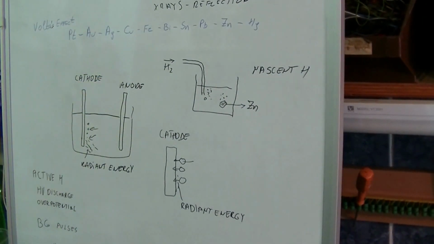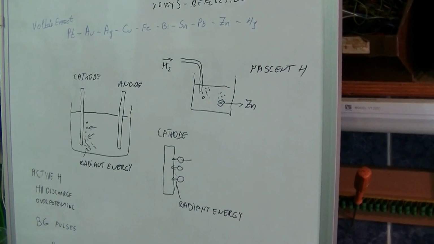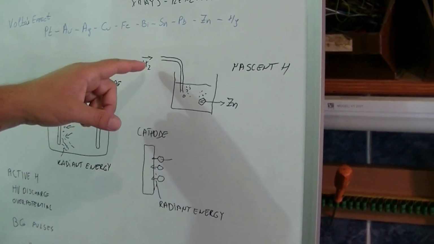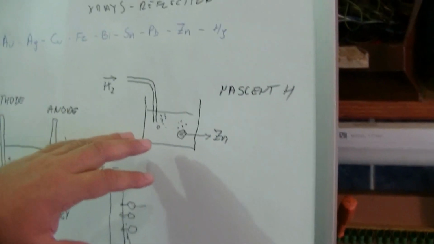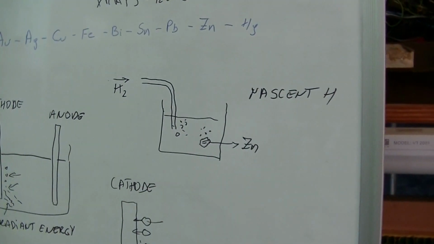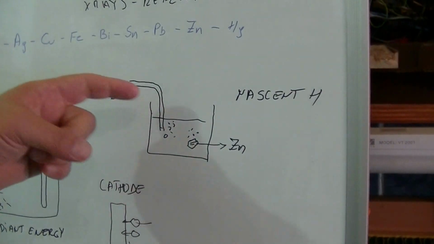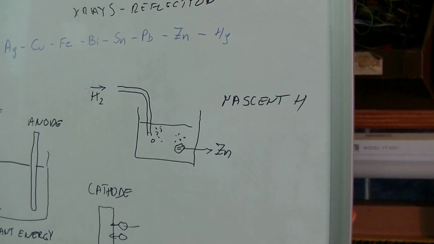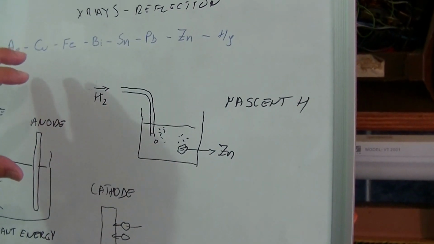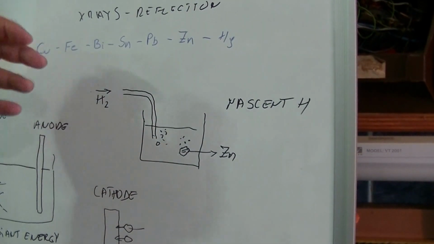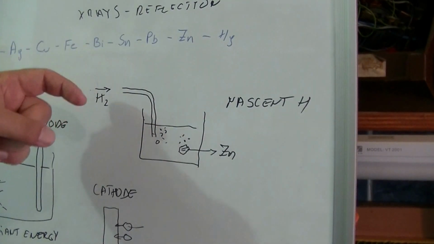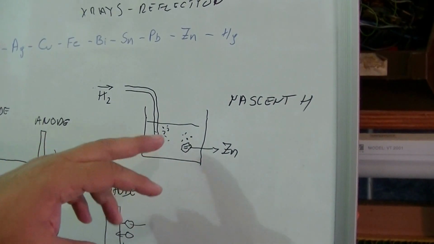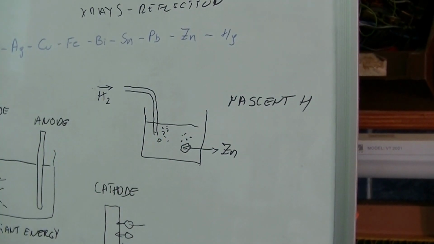Here I will explain a simple effect. When we insert hydrogen into some solution, let's say ferric chloride, hydrogen which we get from a bottle, no matter how, will not react with ferric chloride.